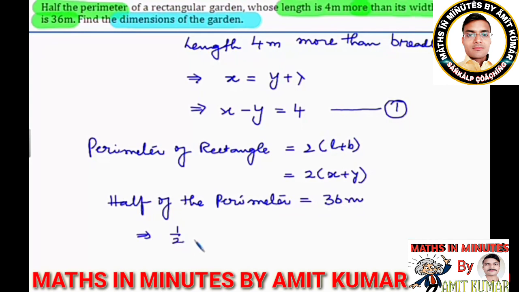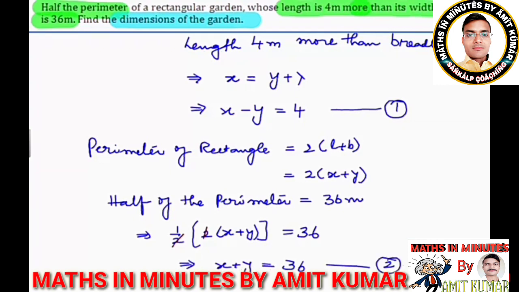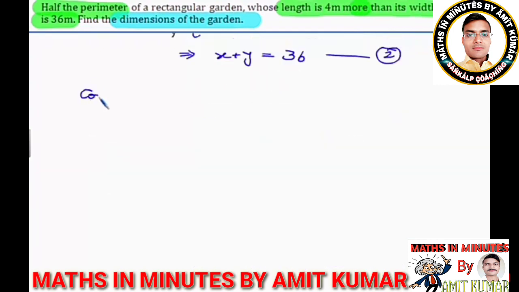Half of 2 multiply x plus y is equal to 36. 2 cancel by 2, and here x plus y is equal to 36, equation number second.